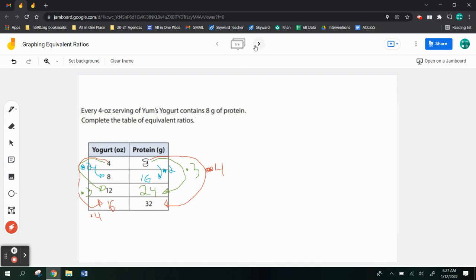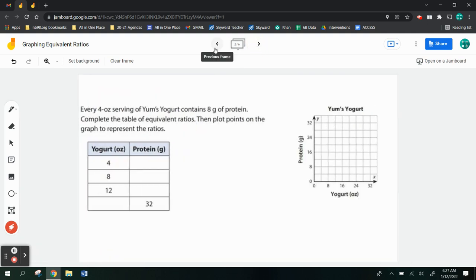So that's where I'm going to go on to the next page. The second part of this problem, after we completed the table of equivalent ratios, says plot points on the graph to represent the ratios. So let me fill in the blanks here.